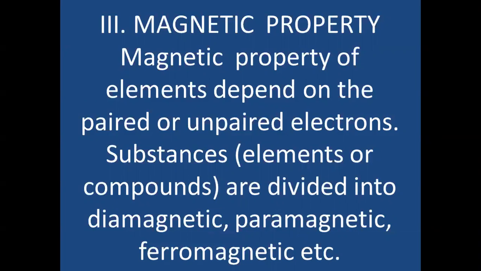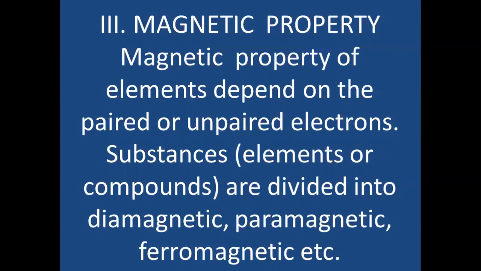Then the magnetic property of a substance depends on the paired or unpaired electrons. Atoms or molecules of substances may contain paired electrons or unpaired electrons in them.